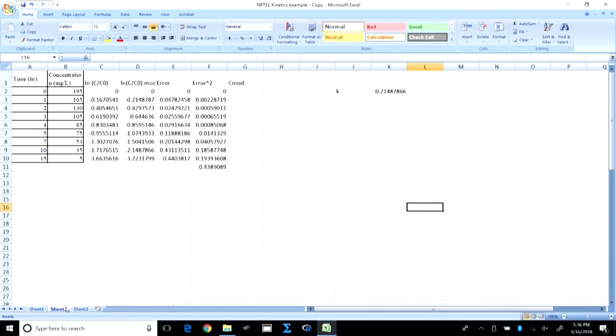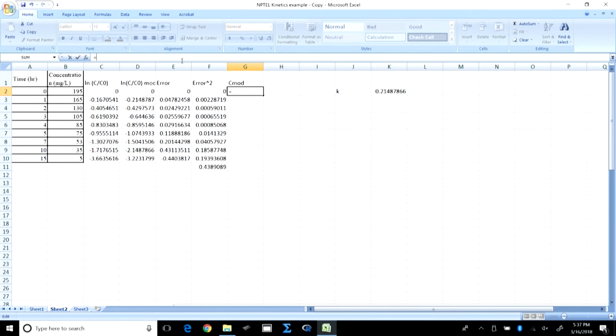Let us look at the other case. Here k was 0.21 for the linearized model, and the sum of squared errors is 0.43, but we can't compare that like for like, because here the error corresponds to the natural logarithm of C by C naught. So let us just calculate the C model for this particular k value.